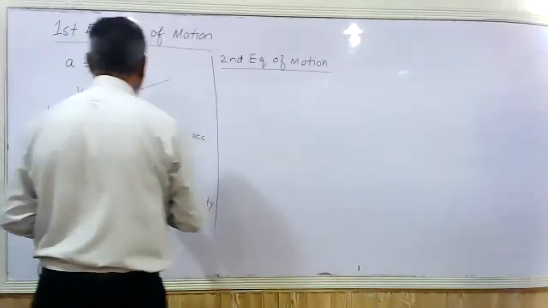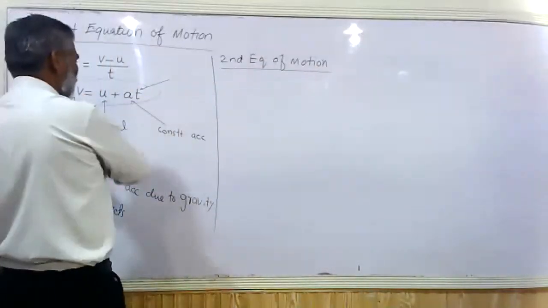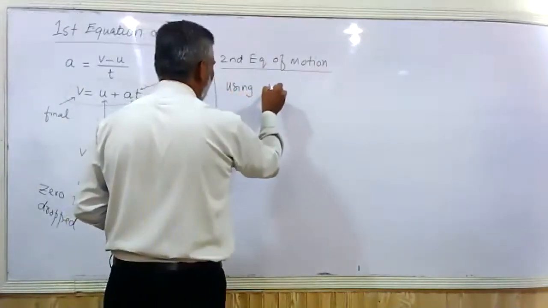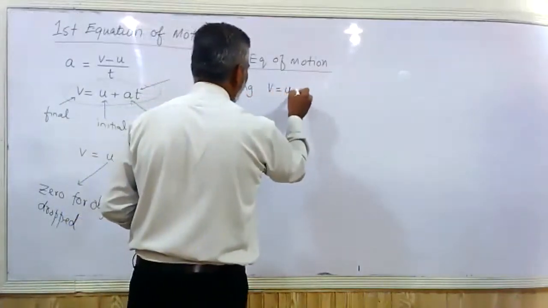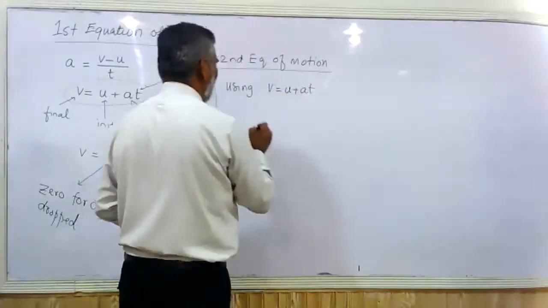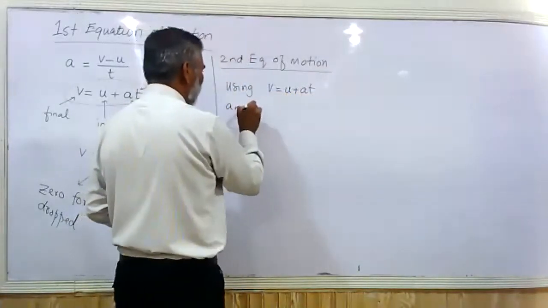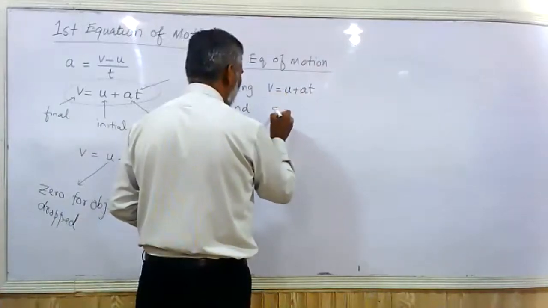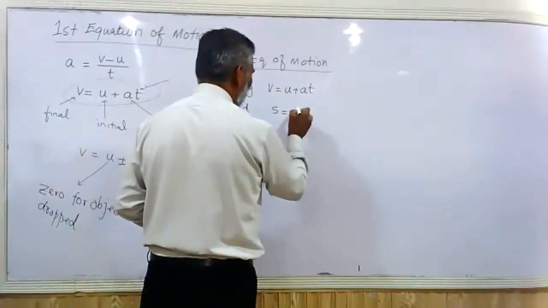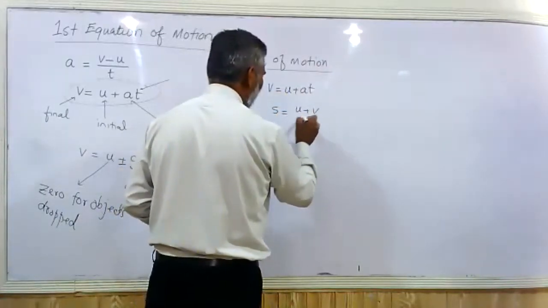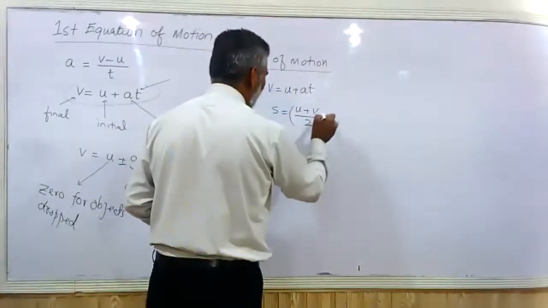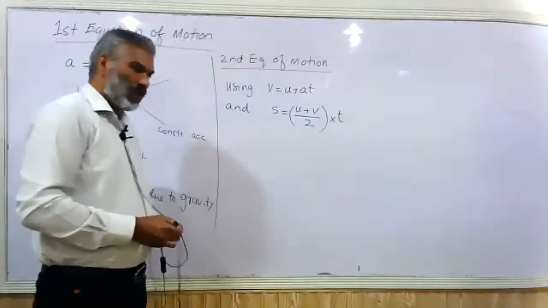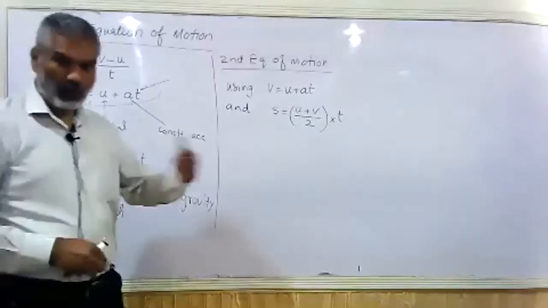Equation number one, which is this, v is equal to u plus at, and an equation which is known as a supplementary equation, which is displacement is equal to (u plus v) over 2, which is the average of the two, multiplied by the time for which the object has moved.